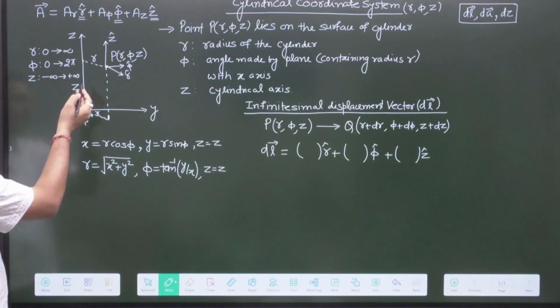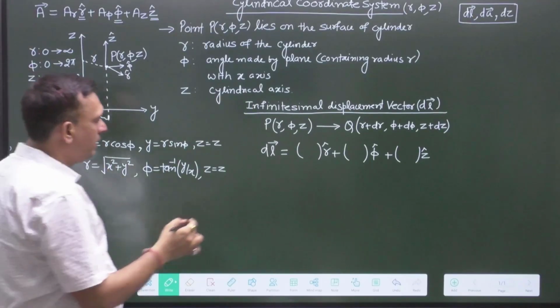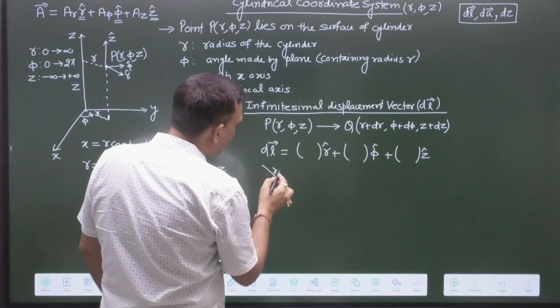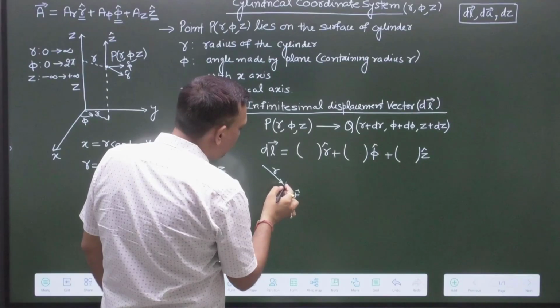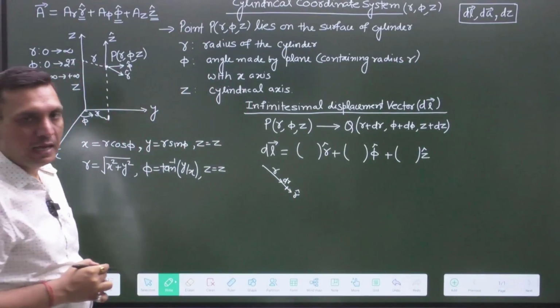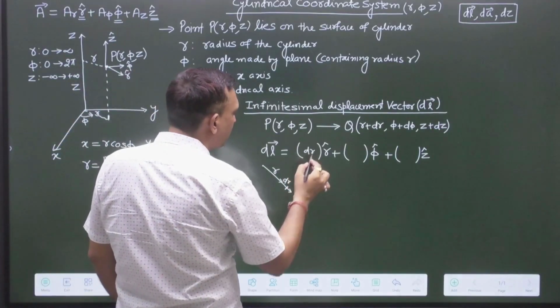Here you can easily see, if this is r and this is r cap, the change along r cap will simply be dr. So here you write dr.